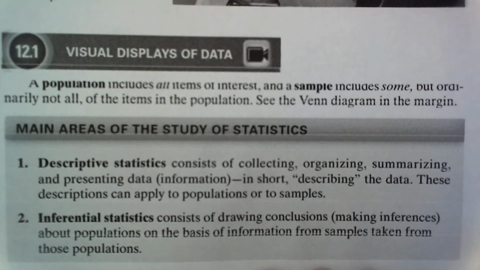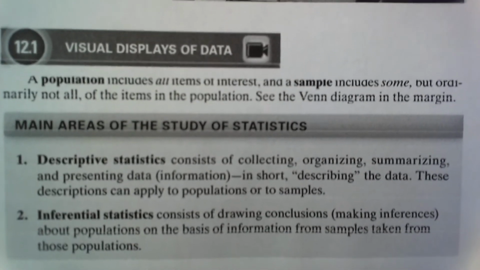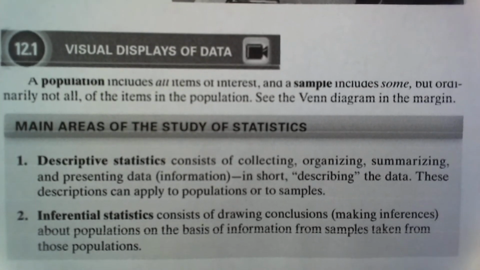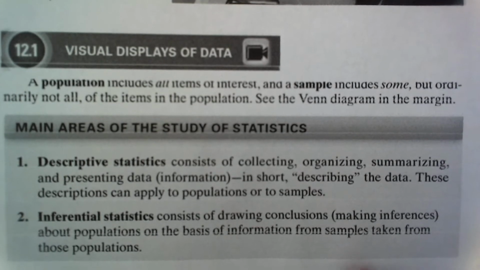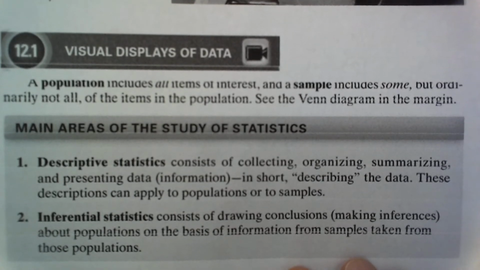And so one would be called descriptive statistics, and that consists of collecting, organizing, summarizing and presenting data. And again, data is just information. So describing the data that we have.